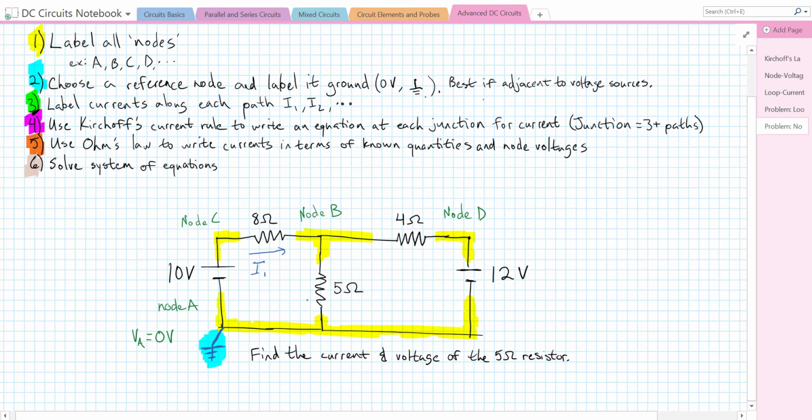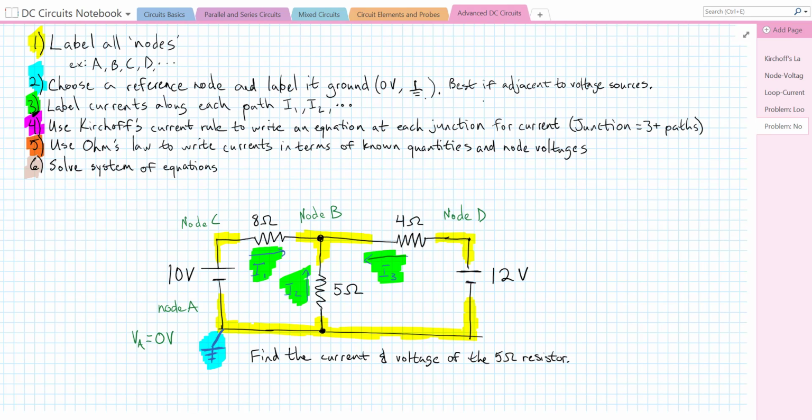I'm going to label this I2, and I'm going to label this current I3. I chose them all going into node B just for no particular reason. They're all going to be going in like that. Let's highlight them just so we're clear that these are our 3 currents. And this I3 is, of course, the current around this whole loop. This I2 is here, and this I1 is the current around this whole loop.